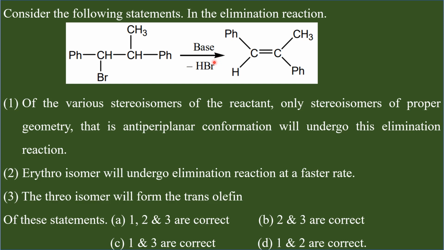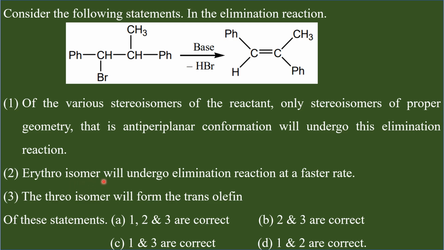So we have studied under elimination reactions that the two groups which are eliminated have to be anti-coplanar. For E2 elimination to take place, the first and foremost condition is that the two groups which are eliminated should be anti-coplanar. So there should be a proper geometry, the anti-periplanar conformation, that alone will undergo elimination. That is the first statement.